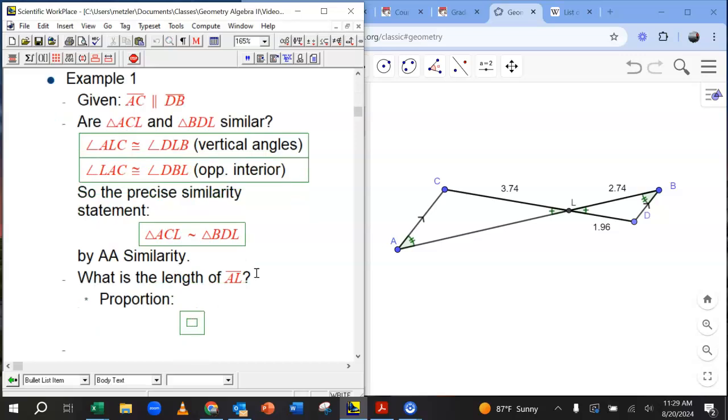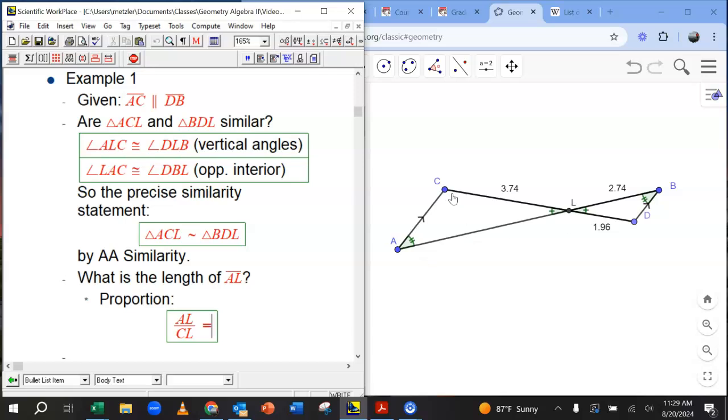So we could do it in a couple of ways. We could say that AL, which is what we want to figure out, divided by CL. So that is an internal ratio of lengths in the left-hand triangle, and we can figure out what that corresponds to by thinking about the vertices or the angles.